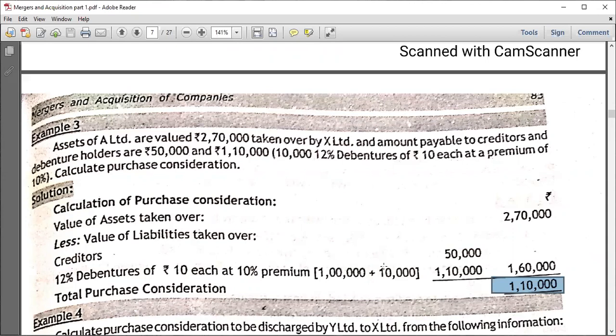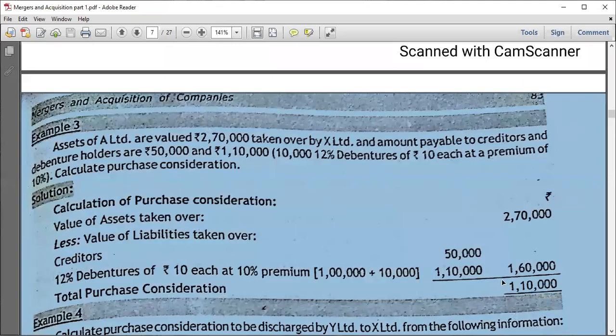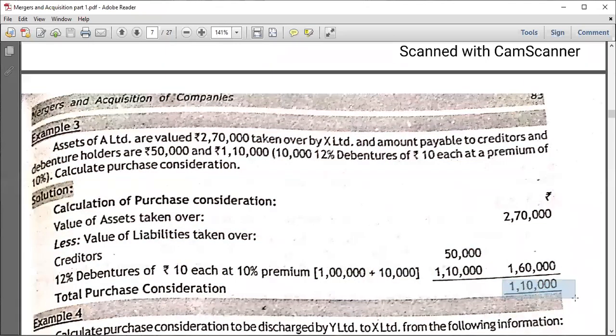For example, the total PC is 1,10,000, 10,000 paid in cash and the balance amount paid through issue of equity shares. Look here, we don't know what that balance amount is. When they give mode of payment information, but less information, then that is nothing but the net asset method.